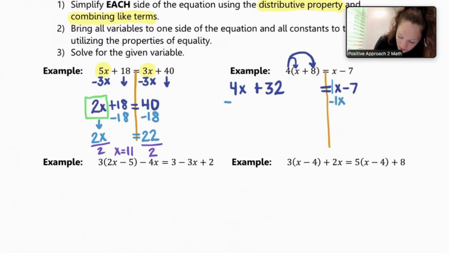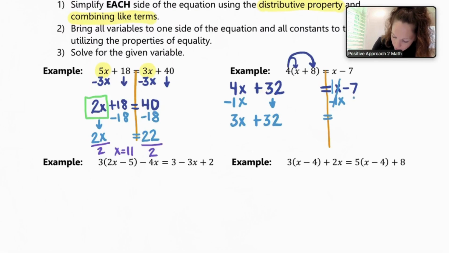We do the opposite operation when we move things over our bridge. So that's going to go away on the right. 1x minus 1x will go to 0. 4x minus 1x will leave us with 3x. We're going to bring down the plus 32. And we will bring down the negative 7.